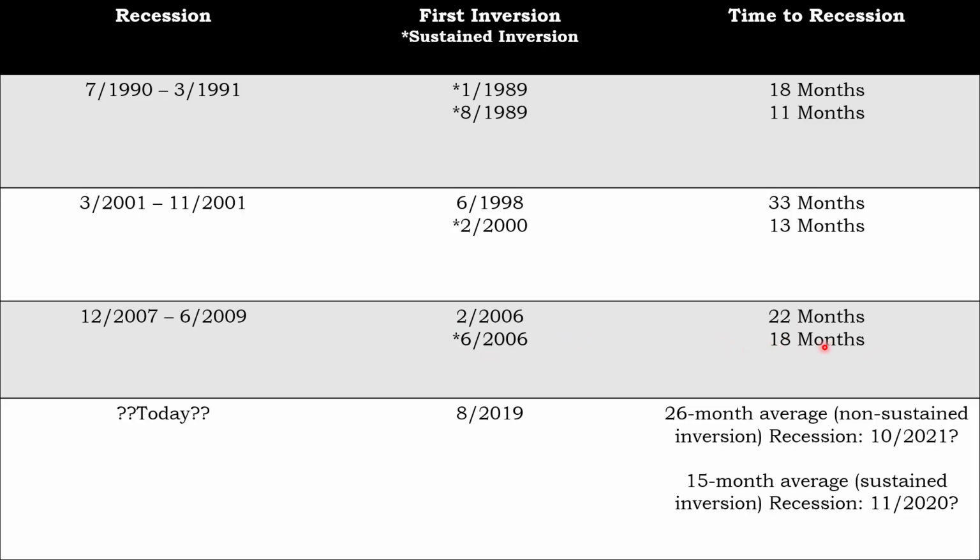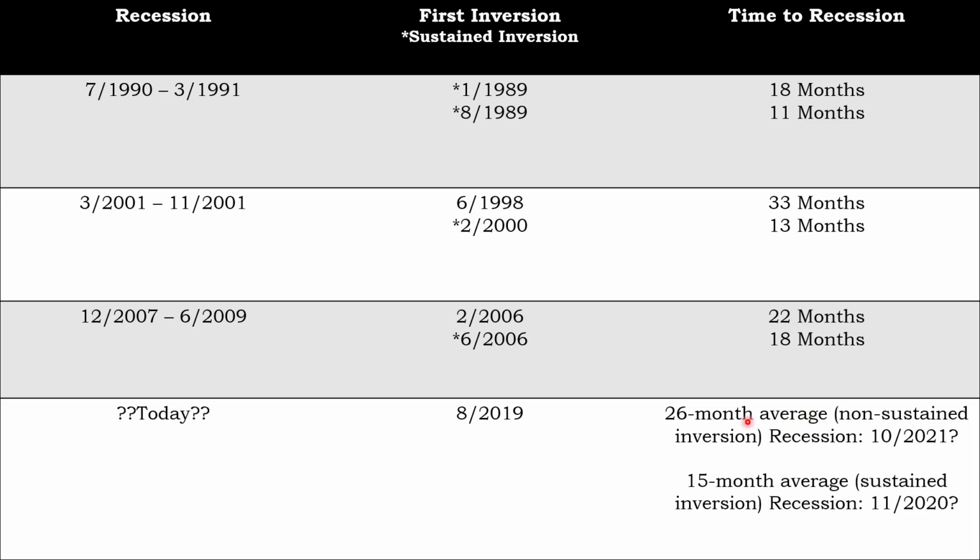Now today, we have a yield curve that was inverted in August of 2019, but this was a non-sustained inversion. So, consistent with the analysis that we have done, this is very simple, but nevertheless, just for the sake of consistency, we go back and look at non-sustained inversions.